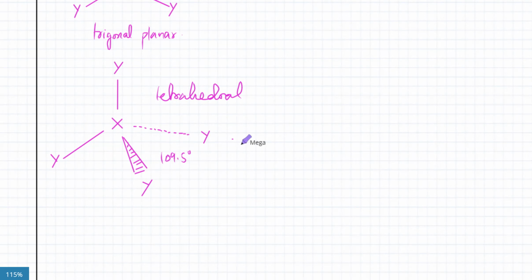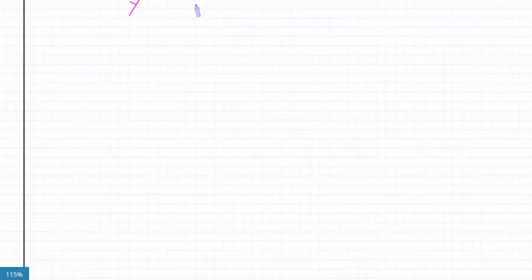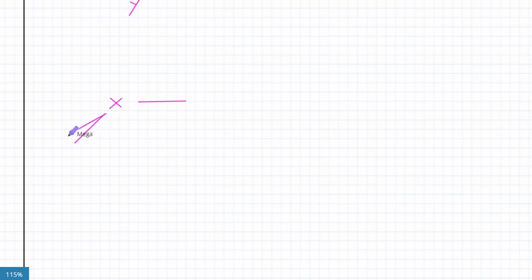Then an atom can have 5 bonds. If an atom is making 5 bonds, the shape of 5 bonds would look like this. There's going to be a fan-shaped arrangement in the middle. So think of a fan that's lying completely flat.